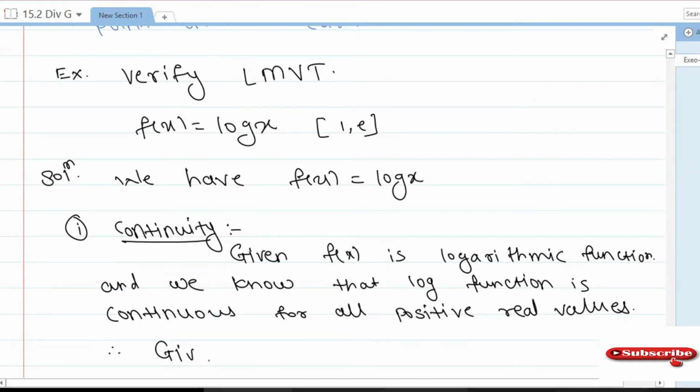Therefore, given function is continuous.